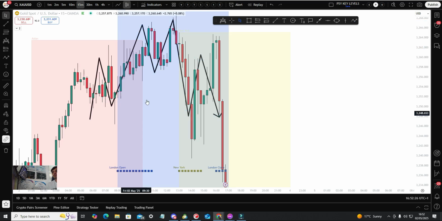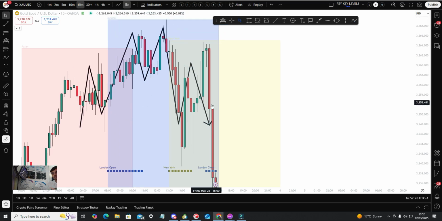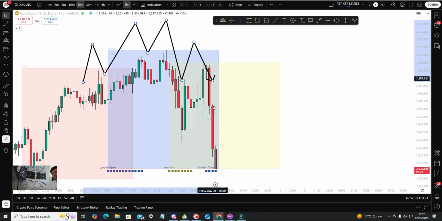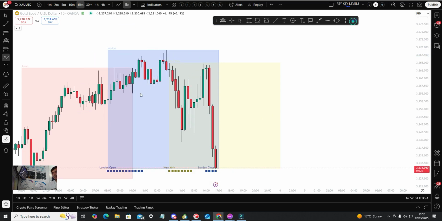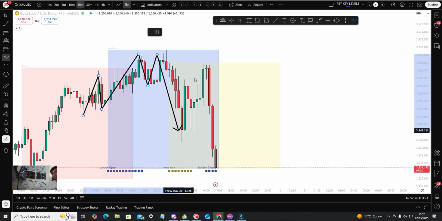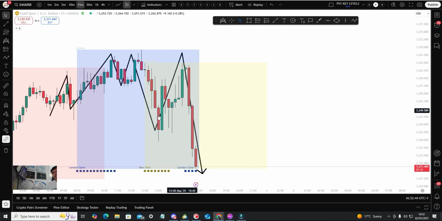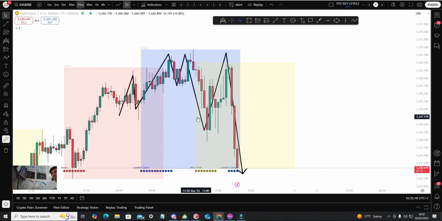And obviously, not the best example of a head and shoulders. Some people might even say it's actually like this. Let's try like this. Head and shoulders can sometimes have 2 heads as well, by the way, and then it just falls all the way like that. But my point I'm trying to make is, the more time you spend on the charts, your eyes will just naturally pick these things up.